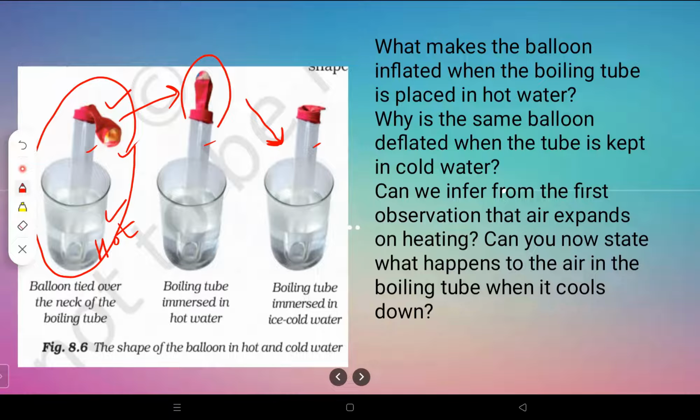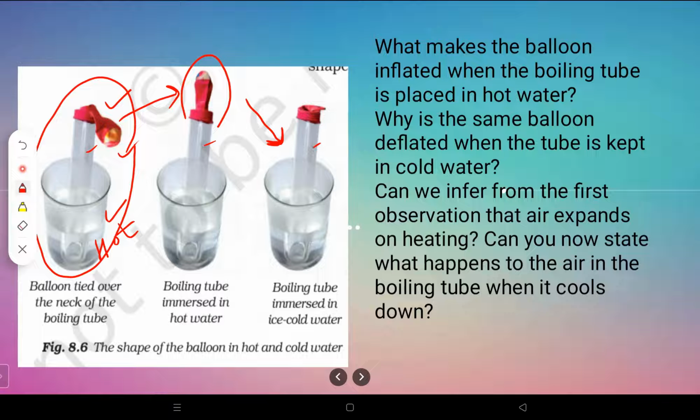Are you both not understanding the concept? I got it. You got it. Air expands on heating.